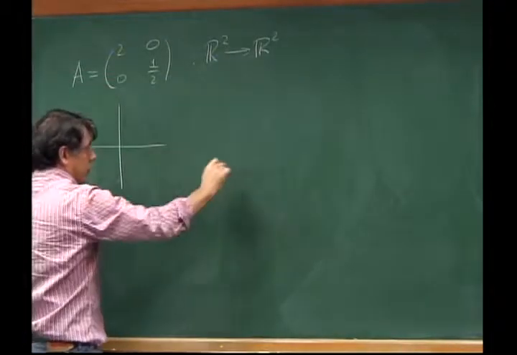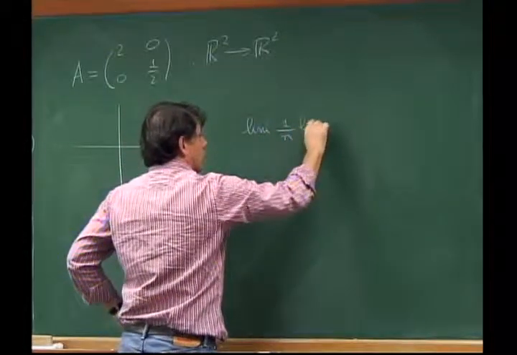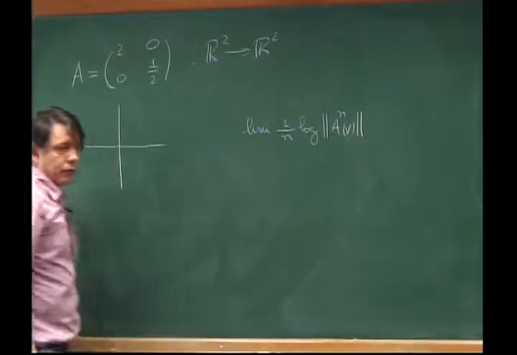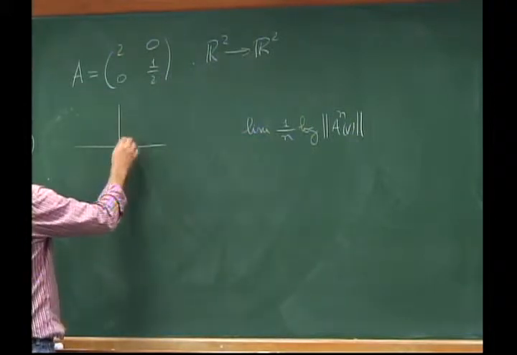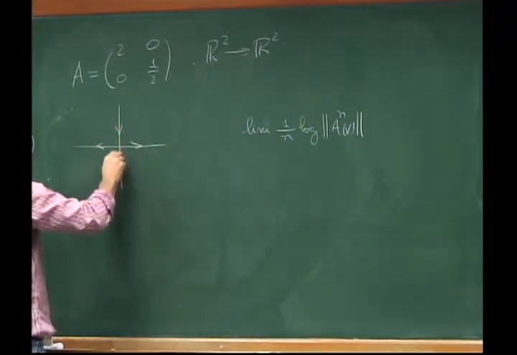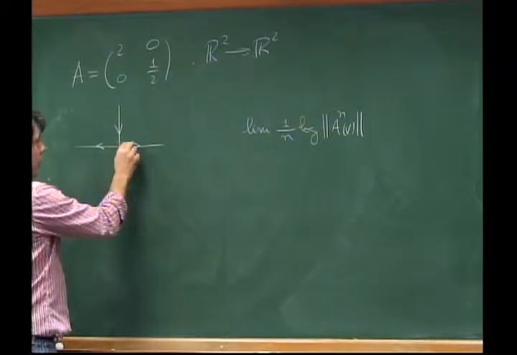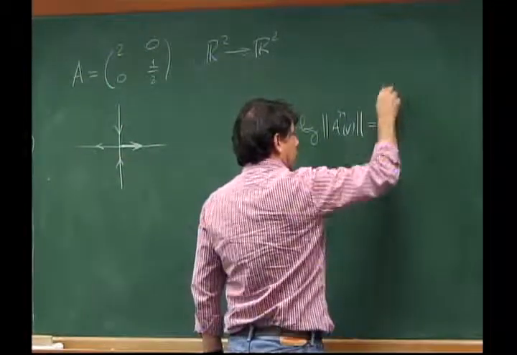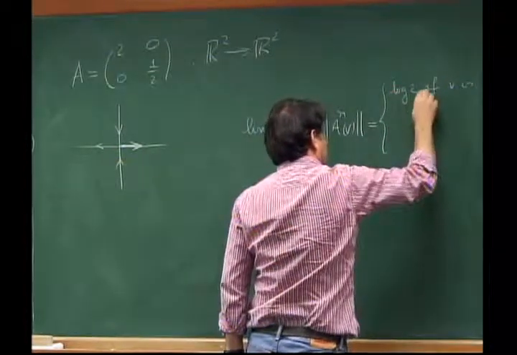So if I ask you, what is the limit of 1 over n log of A^n applied to v? You see, this is simpler because it's only one matrix. And what do we have? So this is an eigenspace with eigenvalue 2. This is another eigenspace with eigenvalue 1 half. And for instance, if you take a horizontal vector, of course this is log 2 if v is horizontal.